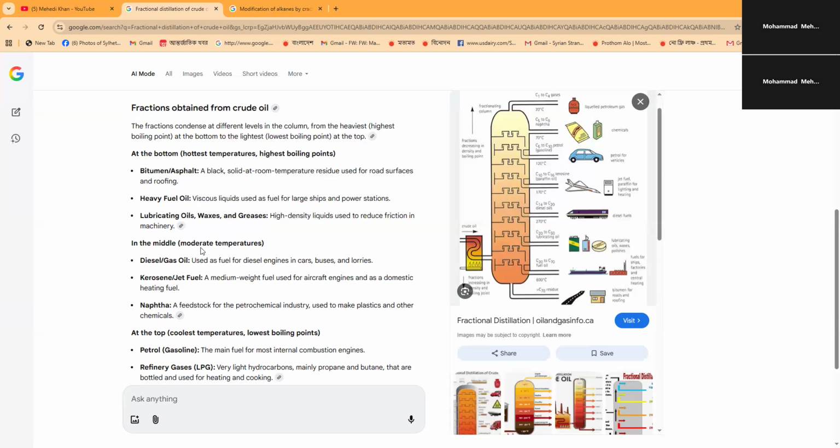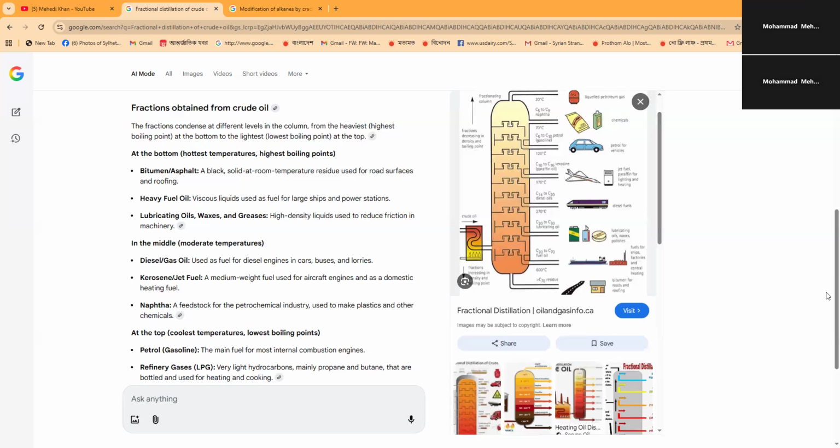Now if you go to the middle part, you'll find diesel or gas oil, and above this you'll find kerosene or jet fuel. Then petrol is here, carbon number 5 to 10, and above that you will find naphtha, which is a chemical feedstock.